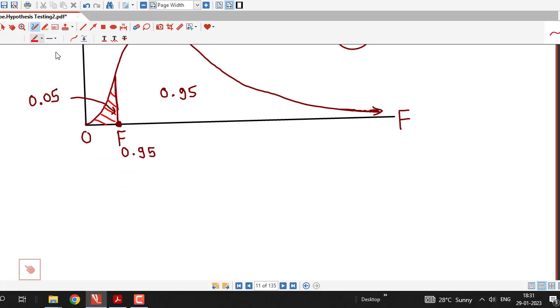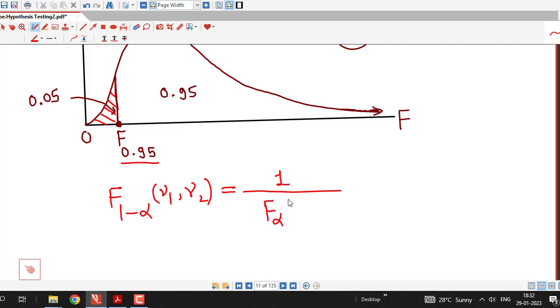Now how do we find the critical value, which is this point? We can see our F tables are available for particular values of alpha, that is 5%, 1%, 2.5%, etc., but for 0.95 we do not have an F table. So for that we can use this identity: F suffix 1 minus alpha with nu1 and nu2 degrees of freedom can be obtained by taking the reciprocal of F alpha with the numerator and denominator degrees of freedom interchanged.